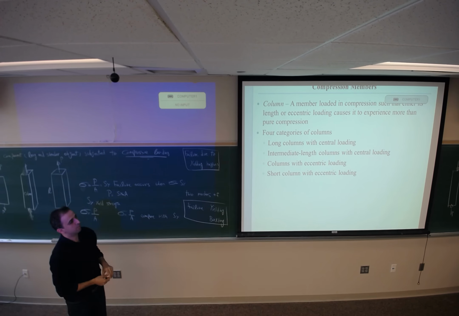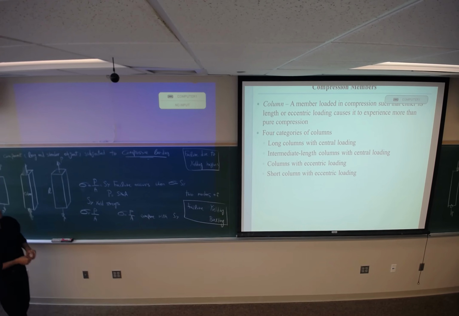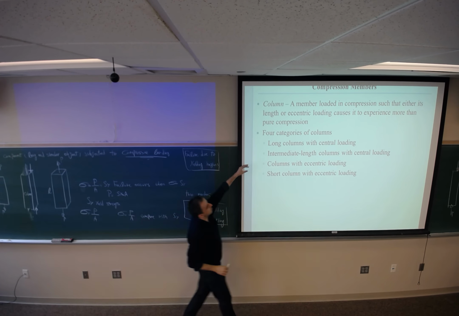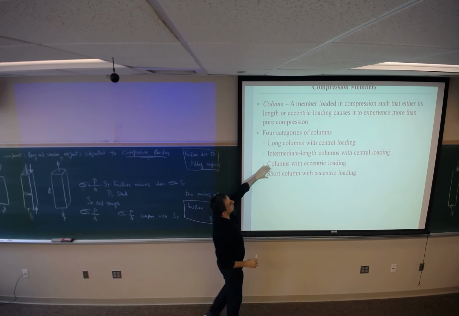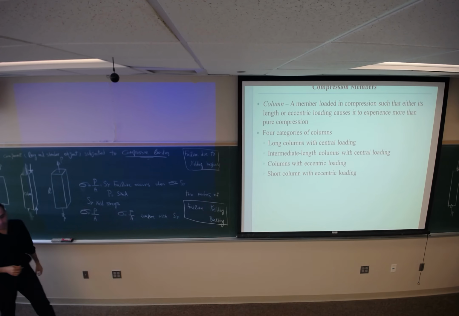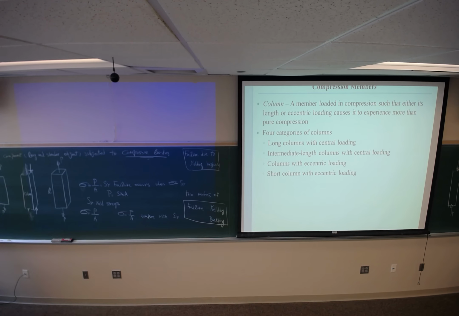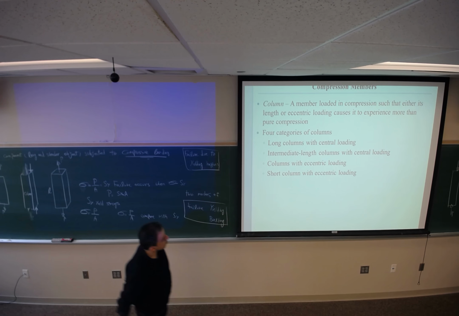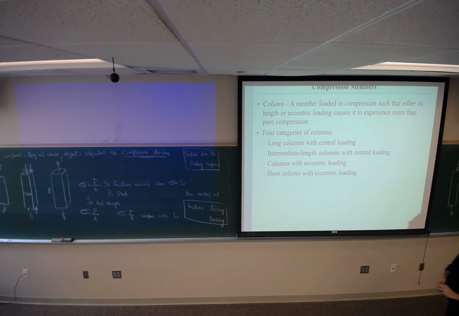Then there are columns with eccentric loading, where the force is applied offset, somewhere different than the center of the column. We cover the first two, and we don't cover the last two categories. So we cover long and intermediate length columns with central loading.